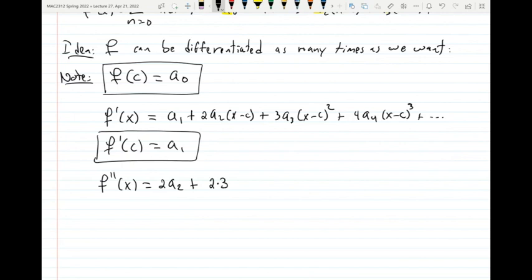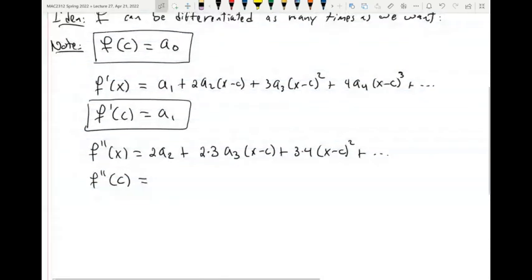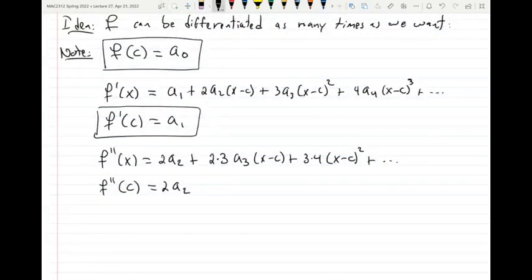So 2 times 3, remember, we're looking for a formula, so let's not multiply. So we get 2 times 3A3 times (x minus c) plus 3 times 4 times (x minus c) squared, and so on. Yes? So now, once again, if I plug in c, which is the center, what's going to happen? All the x minus c's are gone, and then we get 2 times A2.